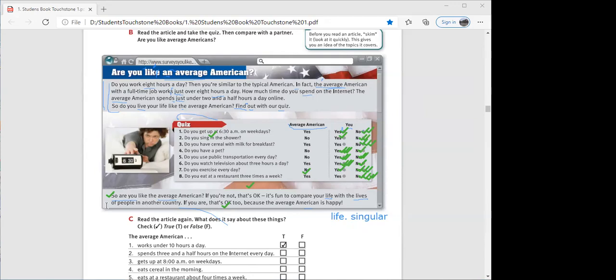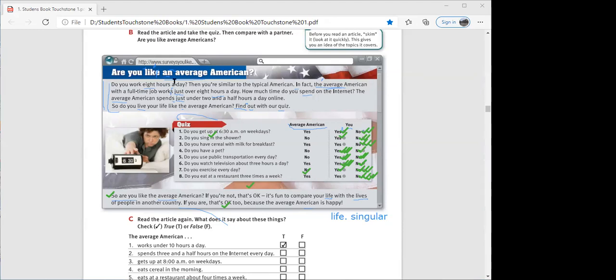Alejandra, can you please read the same? So, are you like the average American? If you are not, that's okay. It's fun to compare your life with the lives of people in another country. If you are, that's okay too, because the average American is happy.